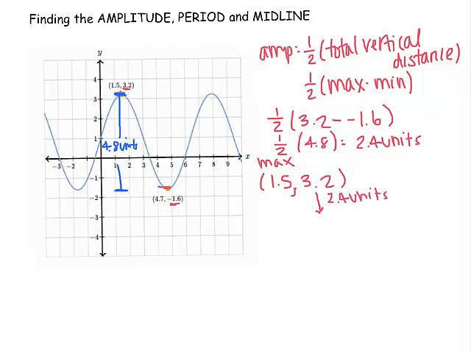So 3.2 minus 2.4 means that the midline is the horizontal line y equals 0.8. I'm going to draw that right here.